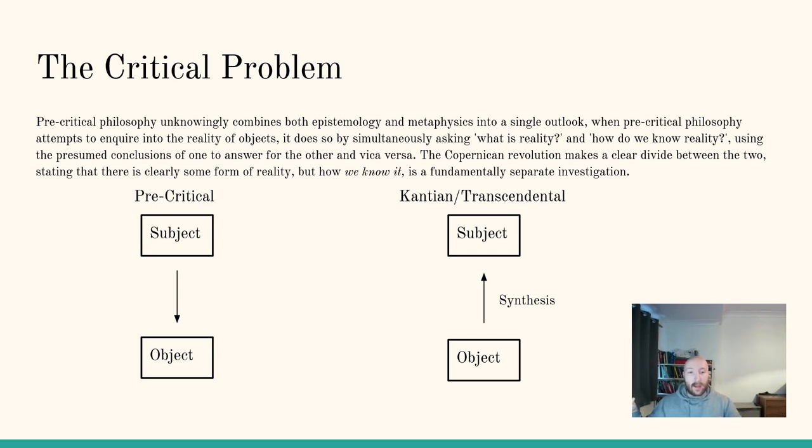And how do we know reality is an intellectual experience. Pre-critically, these are subsumed into the same framework, whereas Kant splits them out and makes this divide, stating that there is clearly some form of reality, but how we know it is fundamentally separate. There is experience that's clear as day, but how we know it may be changed by the very conditions inherent in us as the beings that we are.